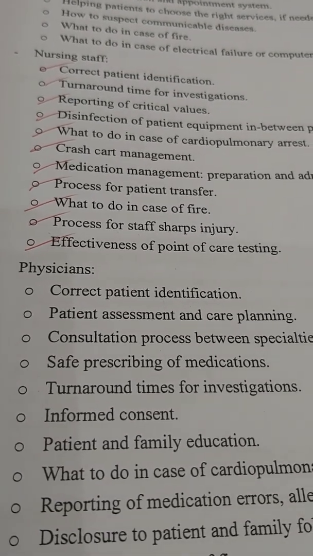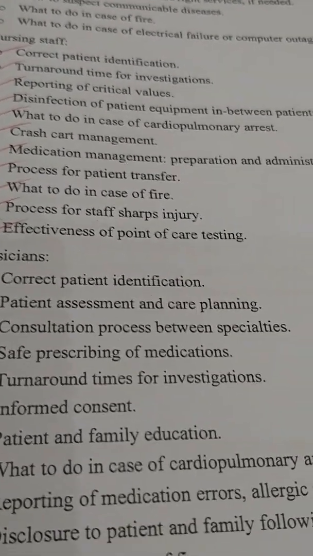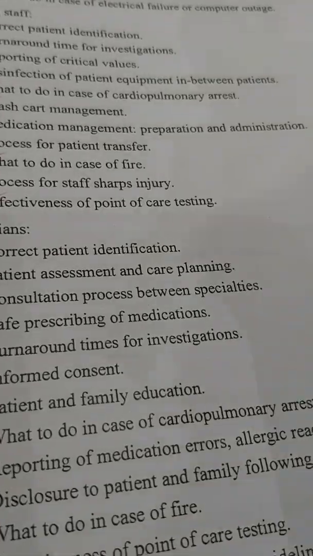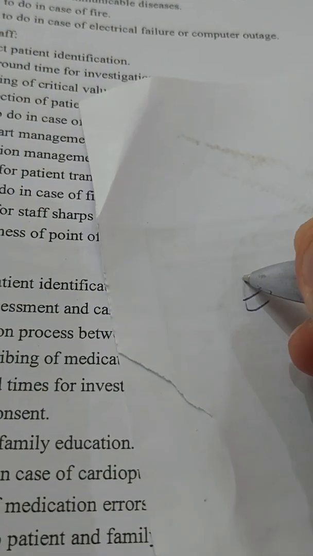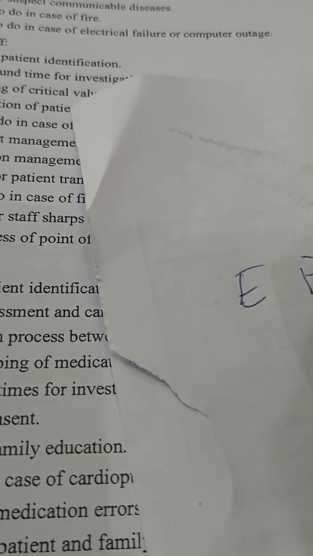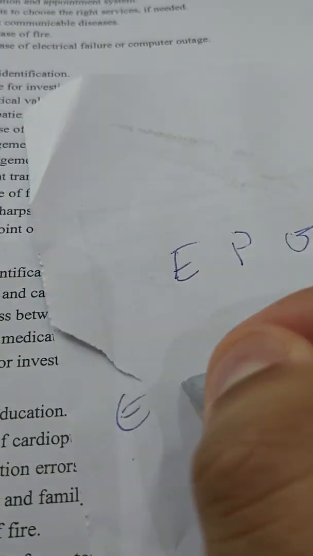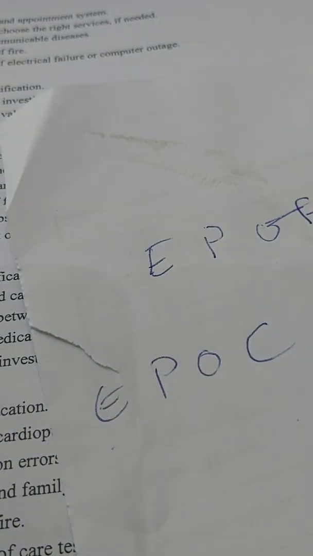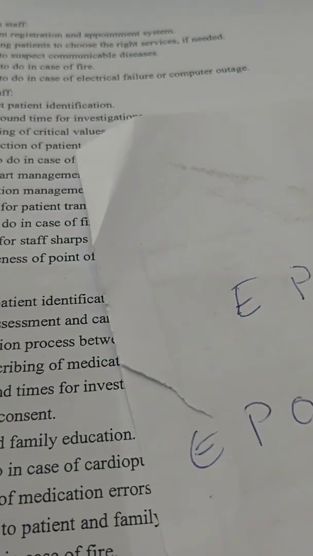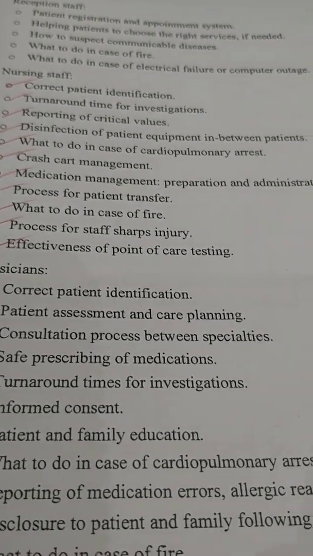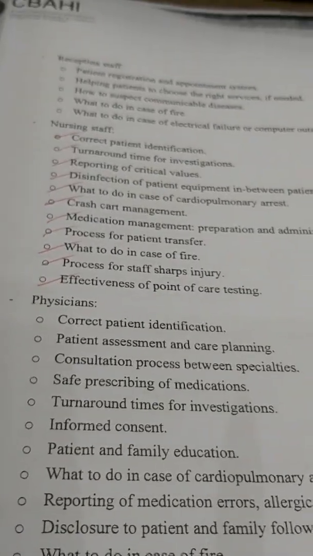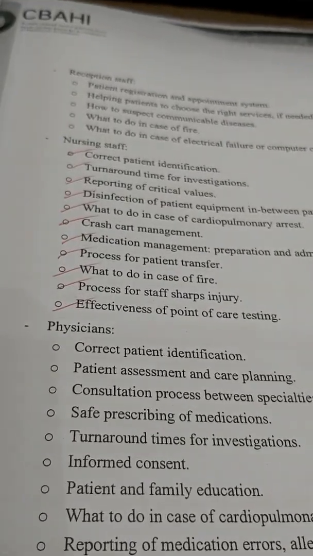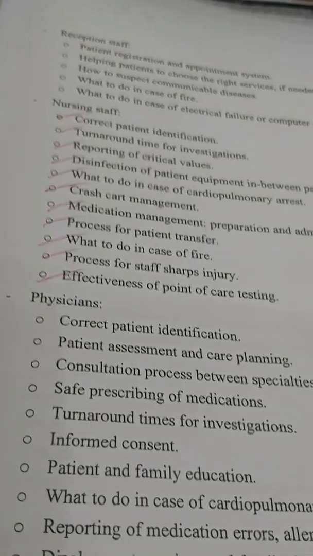Effectiveness of point of care. Let me show you here. It's called effectiveness of point of care, EPOC. This is any test that's being done outside the laboratory, such as the glucose prick. They're going to ask you, how are you sure that your results are fine and accurate?